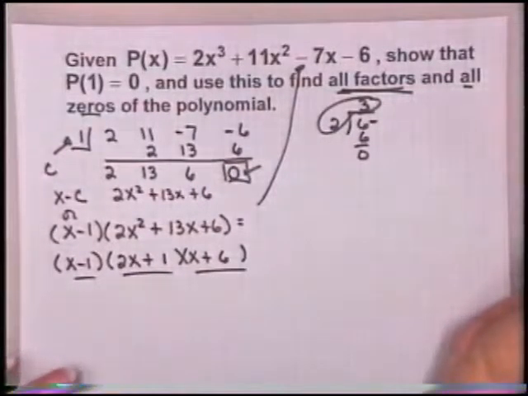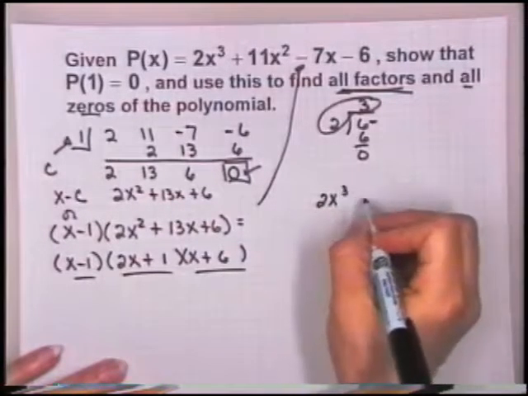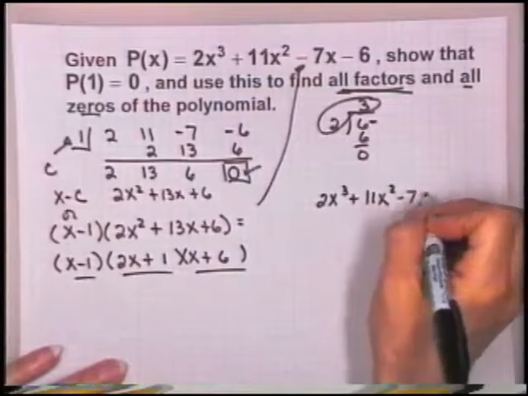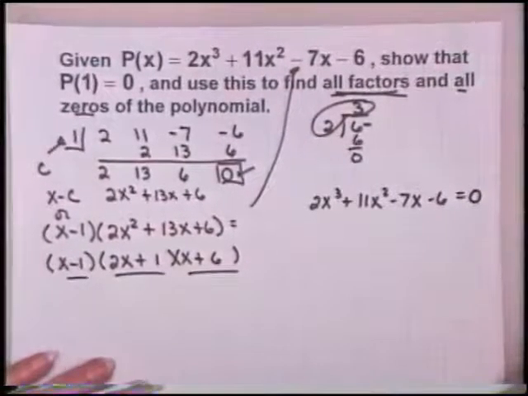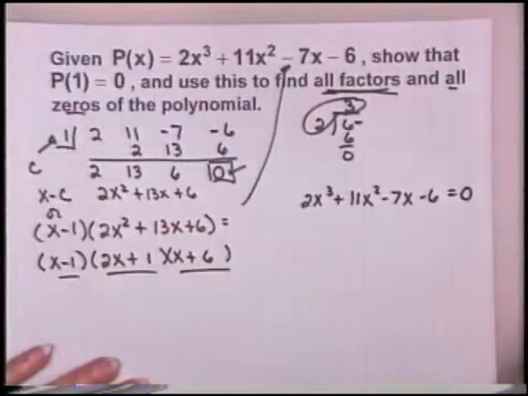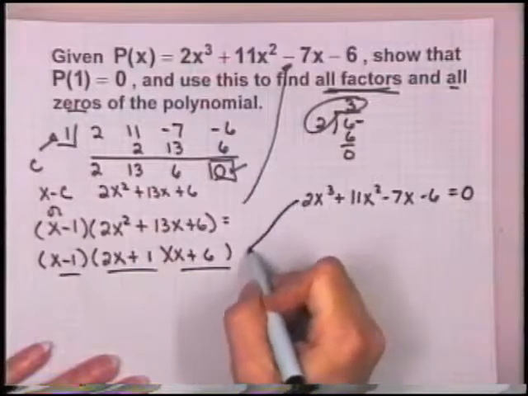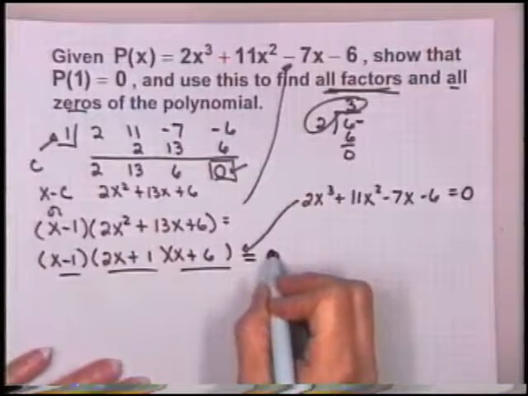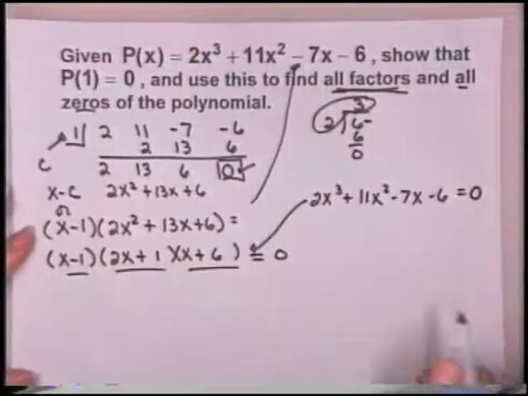Okay? Now, what does he mean by finding all zeros? What that means is, if I take this polynomial, 2x cubed plus 11x squared minus 7x minus 6, and I set it equal to 0, what are the x values that will give me that? Now, since I know this factors into this, the product of these factors must be 0, right?